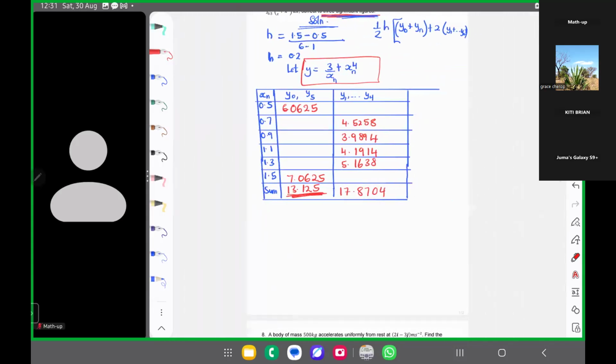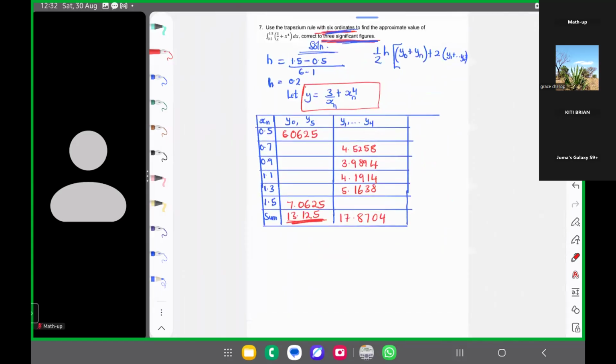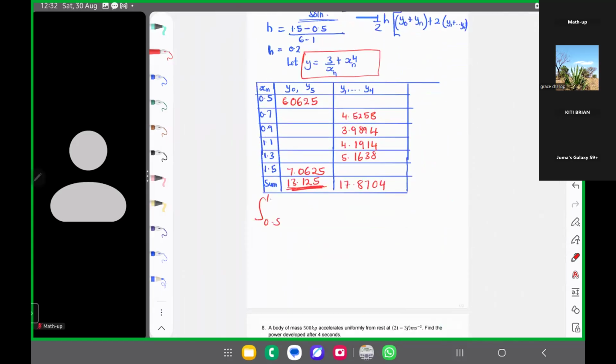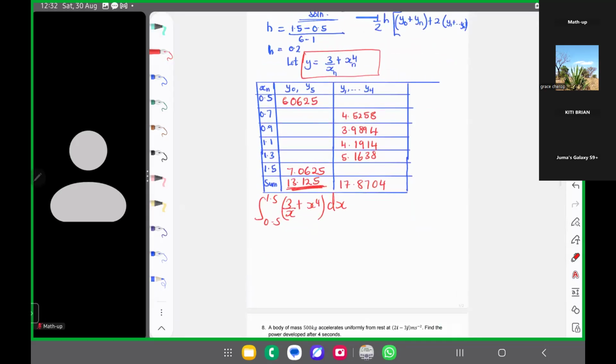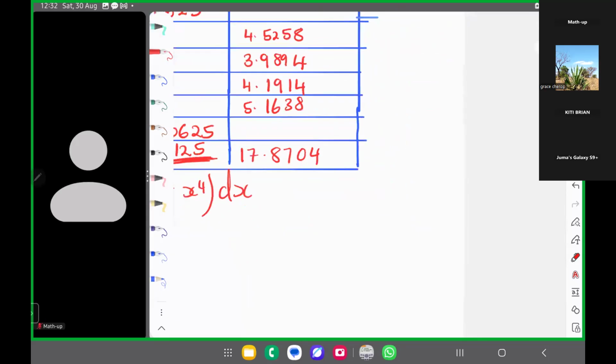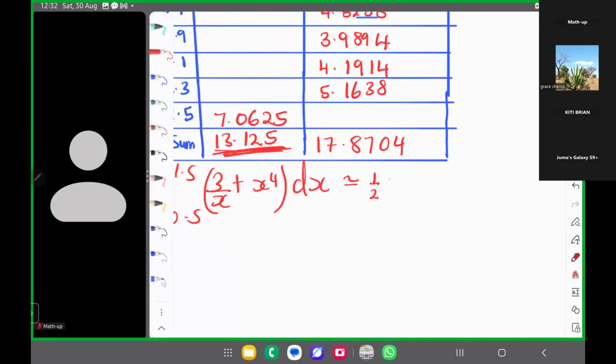Then we shall go to our formula and get the integral of what they wanted us to find. The integral of 3 out of x plus x power 4 with respect to x will be approximately equal to a half times the height, which was 0.2, then into the sum of the first and last ordinate, which is 13.125, plus twice the sum of all the ordinates between the first and the last of the y values. So what do we get?